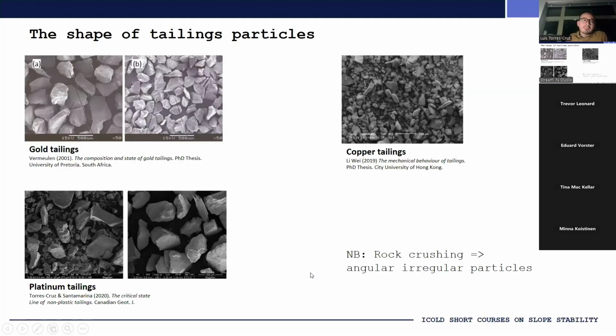And we must keep in mind that because many tailings originate during a rock crushing process, they will tend to be very angular, as we see here for gold tailings, for platinum tailings, and for copper tailings.